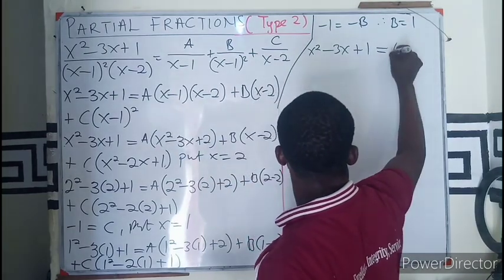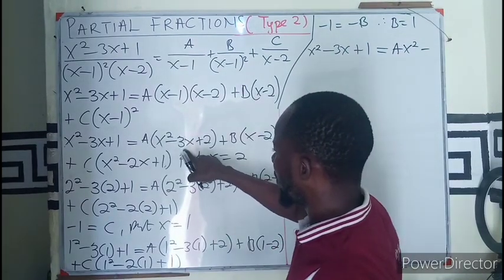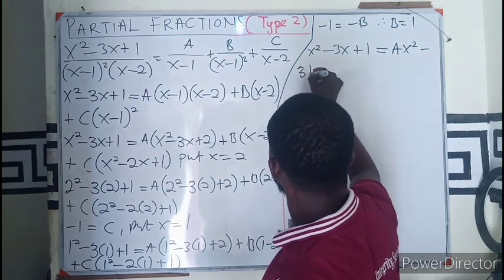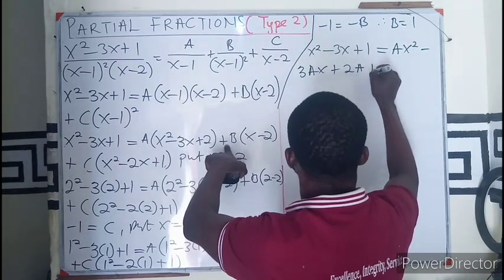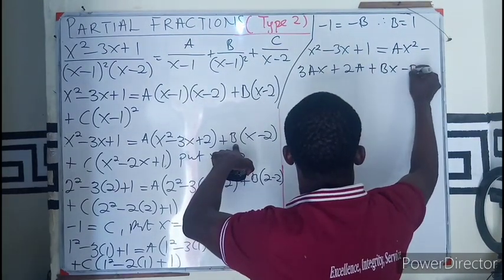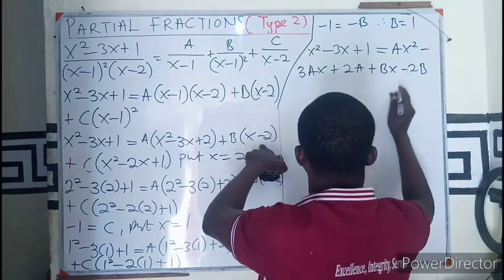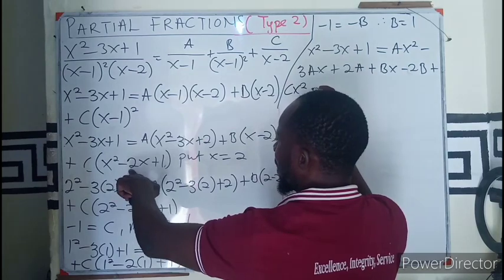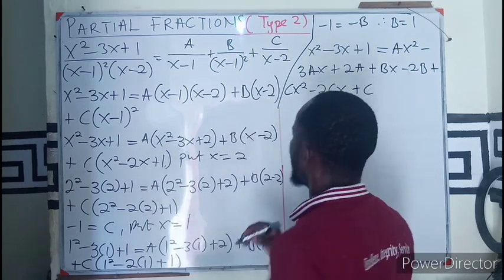So let me begin from here: ax squared minus, this is going to be a multiplying this, so minus 3ax plus 2a, plus bx minus 2b, as in opening this bracket. So plus cx squared minus 2cx plus c.